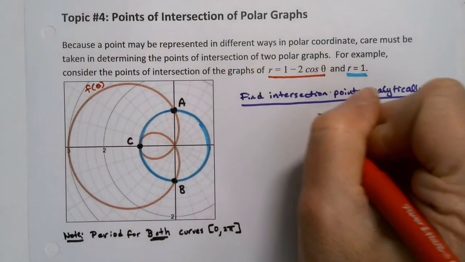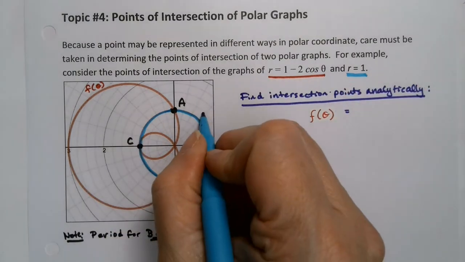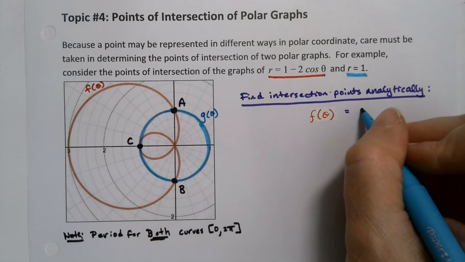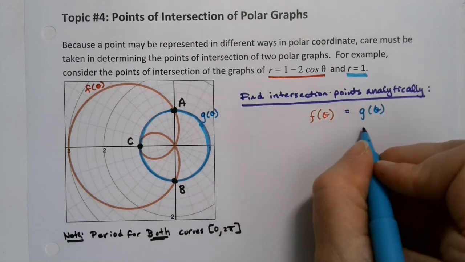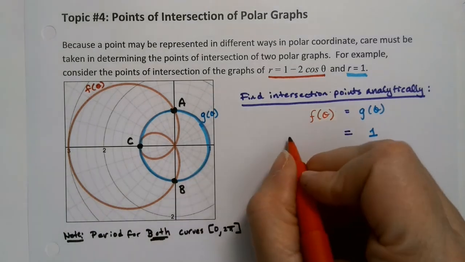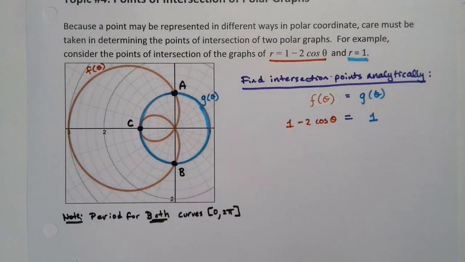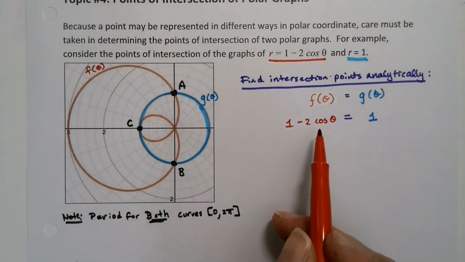So f of theta equals g of theta. That would mean that 1 minus 2 cosine of theta is equal to 1, and we would solve this for theta.